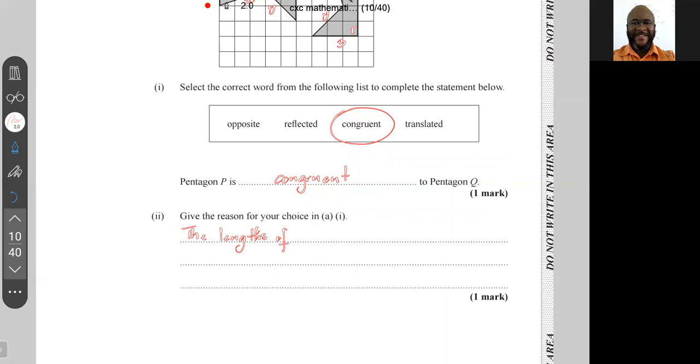of sides and size of angles are the same.